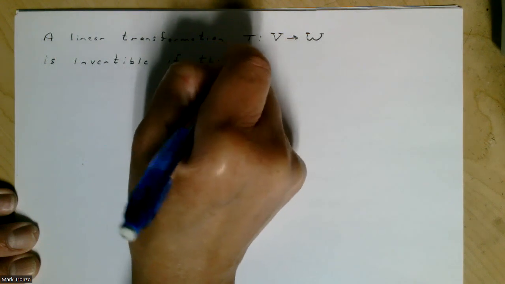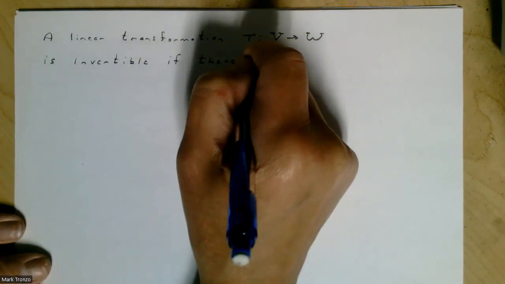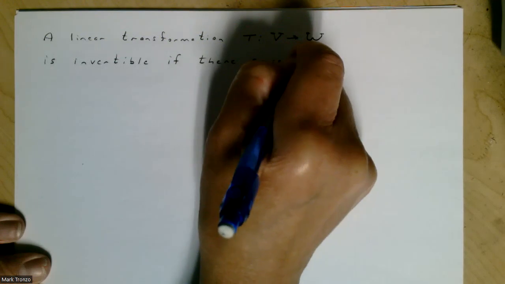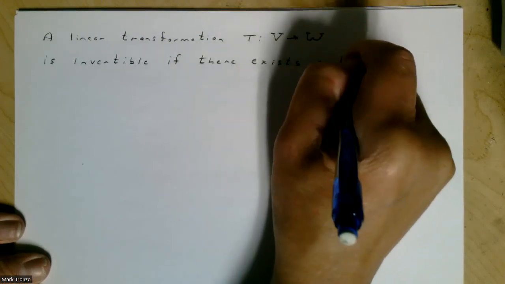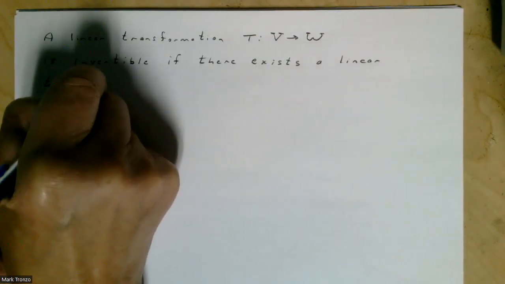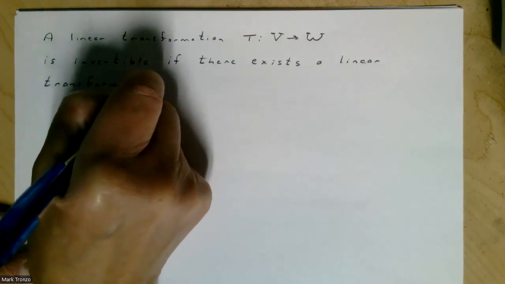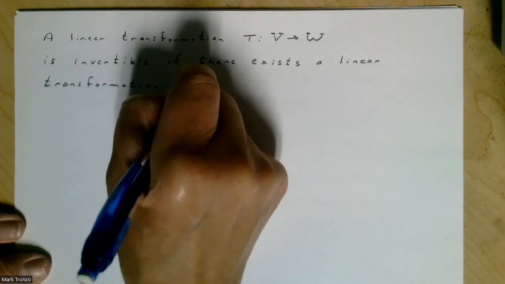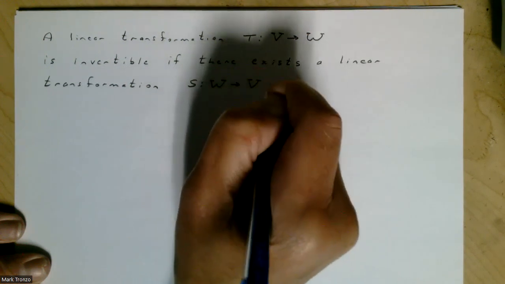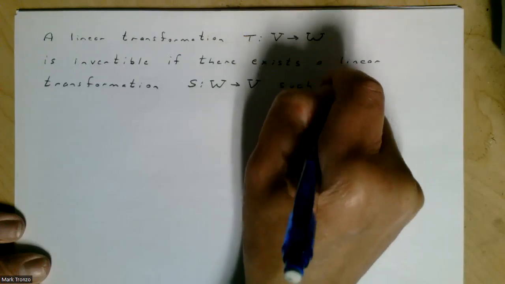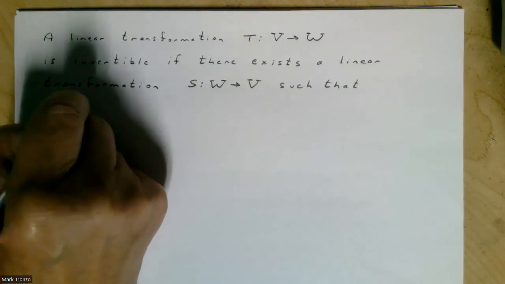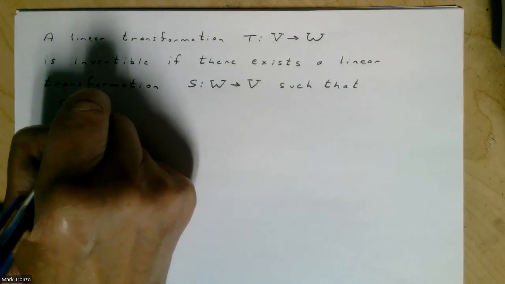if there exists a linear transformation going the other direction from W to V such that if you do T then S, you get the identity.